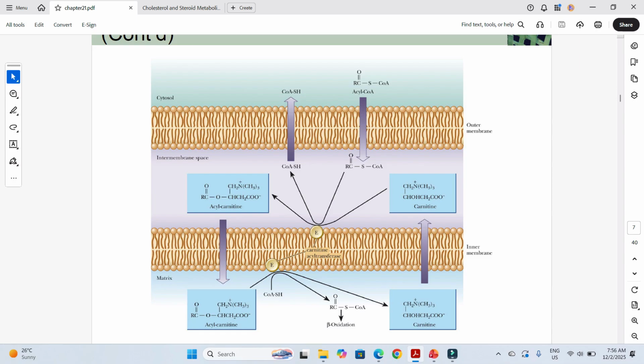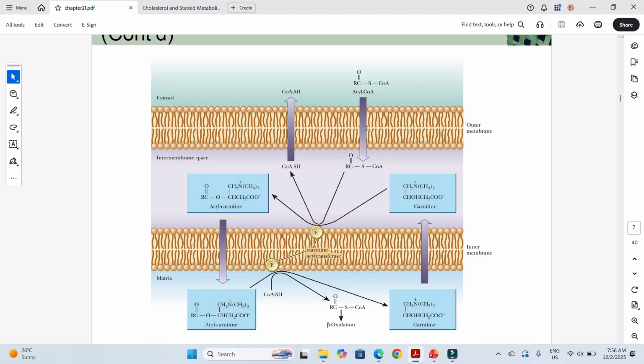Okay, so once inside the mitochondrial matrix, a molecule of coenzyme A will undergo nucleophilic acyl substitution reaction with fatty acyl carnitine, in the process displacing carnitine and regenerating a molecule of fatty acyl-CoA, right? This is going to be oxidized in the process of beta oxidation, serving as a source of energy.